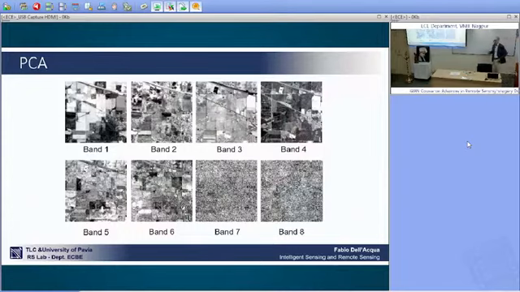PCA is basically the application of an eigenproblem. Generally, when you do PCA, you look at the result in terms of multi-band data, but you don't really look into the eigenvalues generated by the same process.